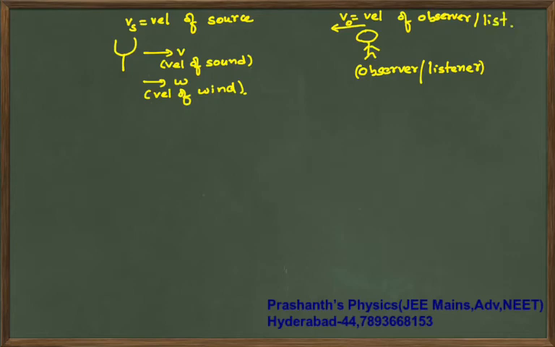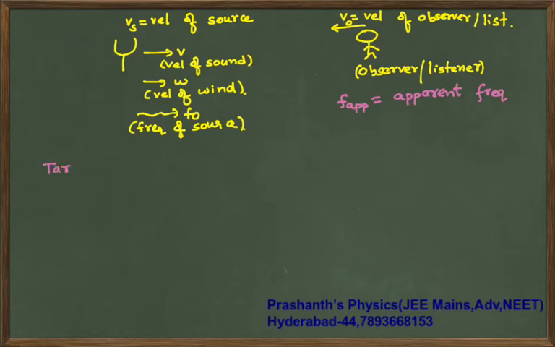So these are the terms that I am going to use. Now F naught is the frequency of source, and F apparent is the apparent frequency. Now our target is this apparent frequency.